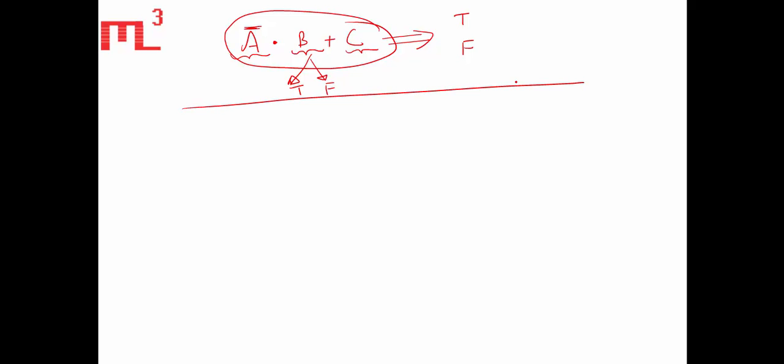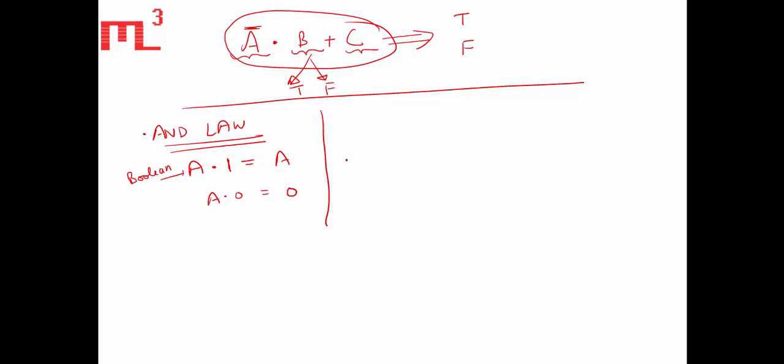So we will start with some laws. One is AND law. AND law is nothing but if A is any Boolean variable. And what do you mean by Boolean variable? A variable which can have either value true or false. So A and 1 will give you A and A and 0 will give you 0.